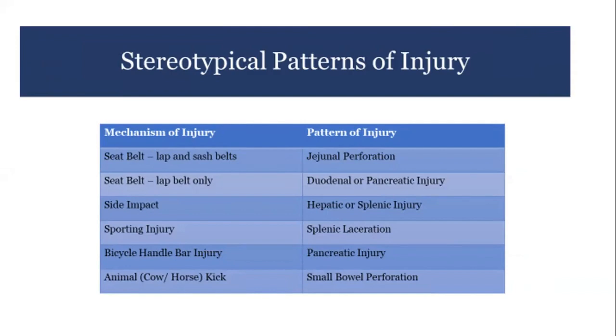Usually the most exposed bowel in the abdomen is the jejunum. If they have a lap belt sign, usually it's the bladder, especially if they had a full bladder.